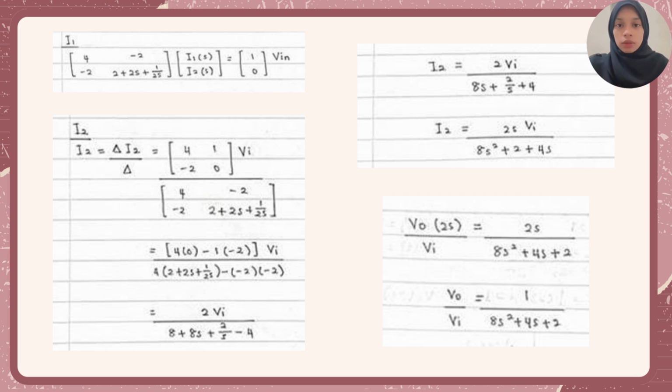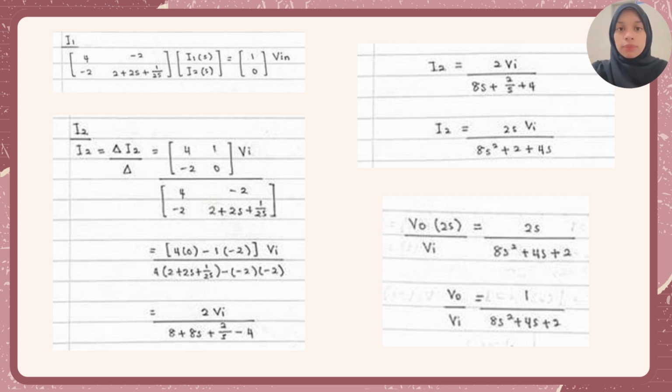Next, in this calculation, we are solving for the current I2(s) using matrix methods from a system of equations in the Laplace domain. We begin by putting the equations of loop 1 and loop 2 into the matrix equation. To find I2(s), we use Cramer's rule. We replace the second column of the coefficient matrix with the input vector and compute the determinant.